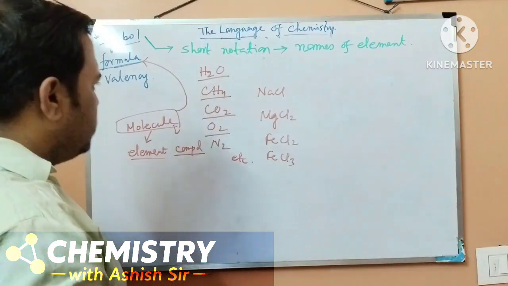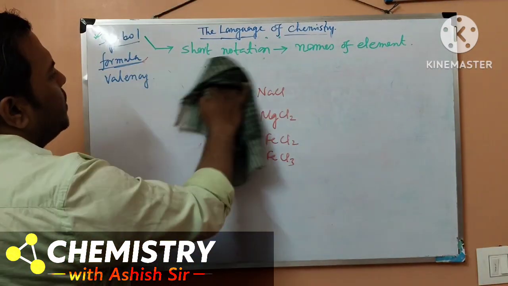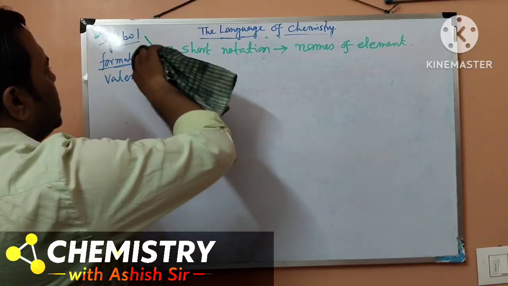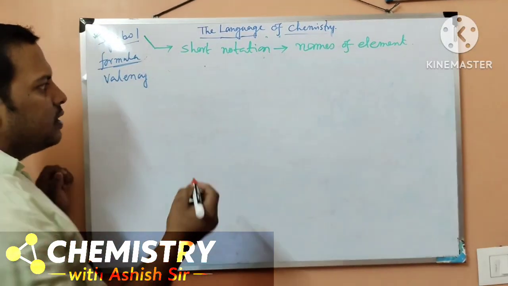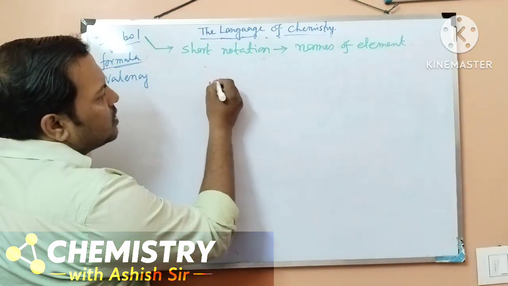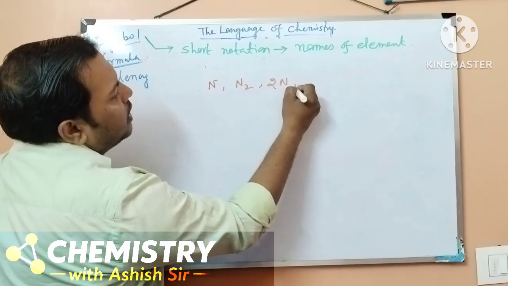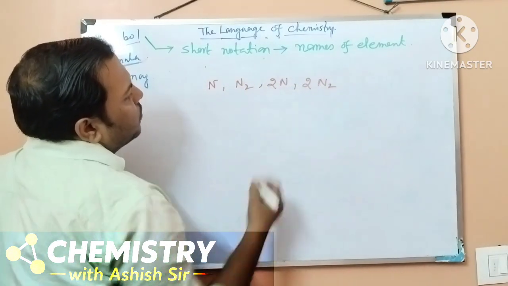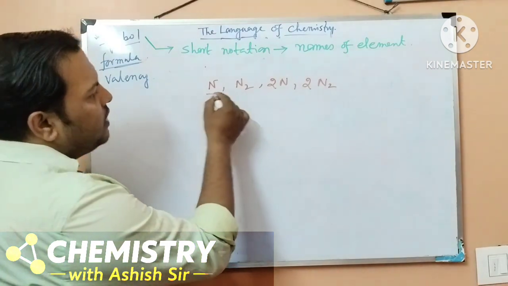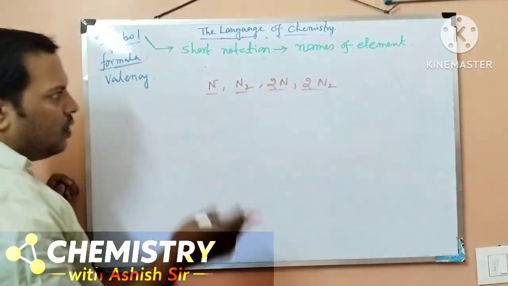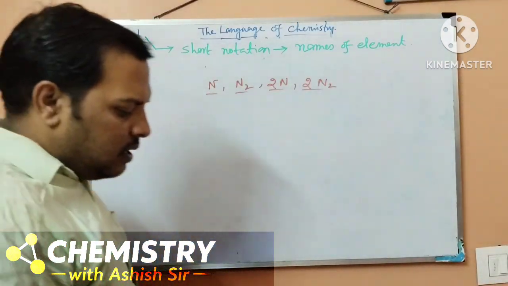Now, after coming to this part, one tricky question comes many times and students get confused. You are given N, N2, 2N, 2N2, and asked what is the difference between these four, or what they represent.